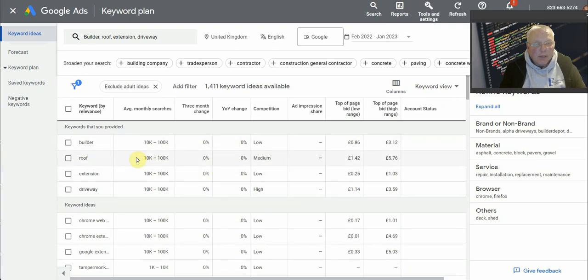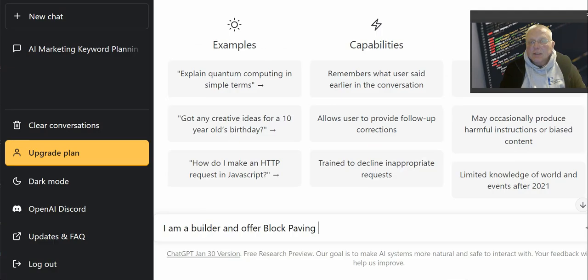So the average roof and extensions both get reasonably good results. And there's a whole series of other words here that you might consider. So I offer block paving, roofing, and extension work.